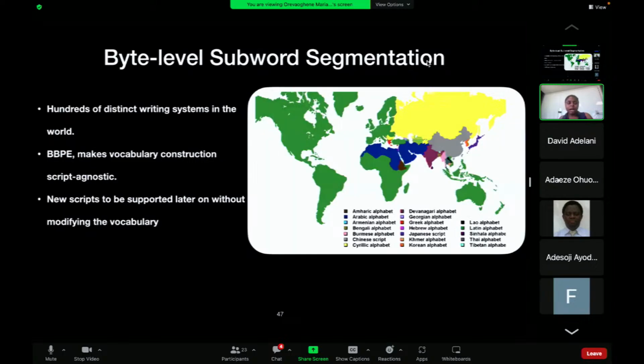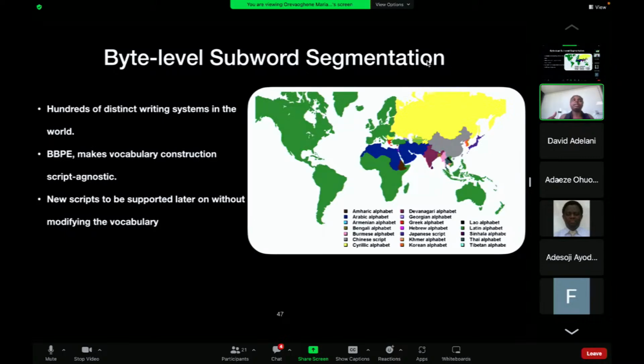So this brings us back to byte level subword segmentation. There are lots of writing systems in the world: Latin scripts, Arabic scripts, Amharic scripts, Cyrillic, Greek, Hebrew, Japanese, Korean script, and all that. But BBPE, or byte level BPE, makes your vocabulary construction script agnostic, such that your model is still able to process text at test time that it did not see during training.